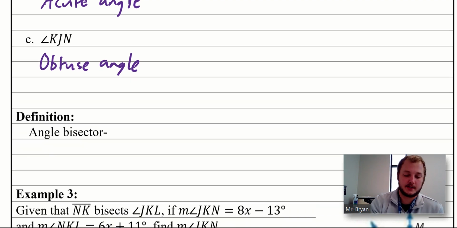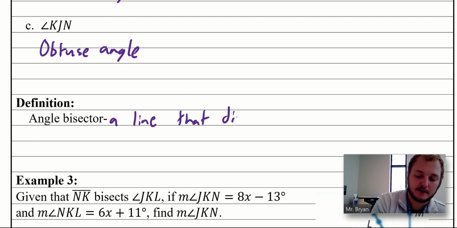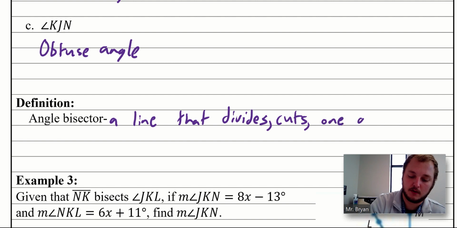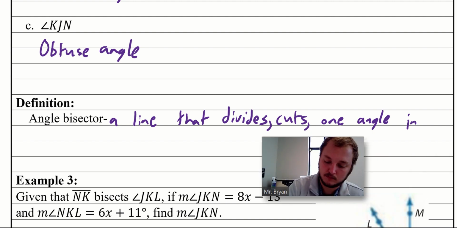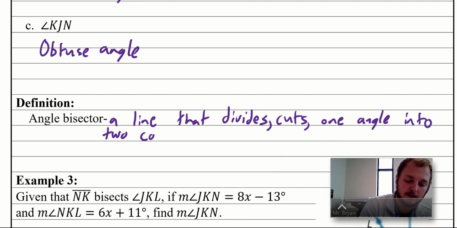Okay, an angle bisector is just a line that divides or cuts one angle into two congruent halves.